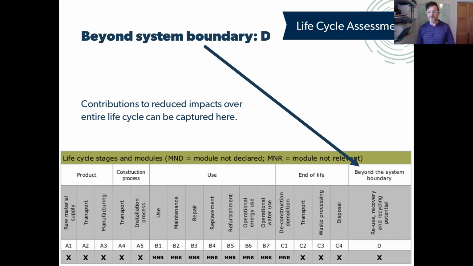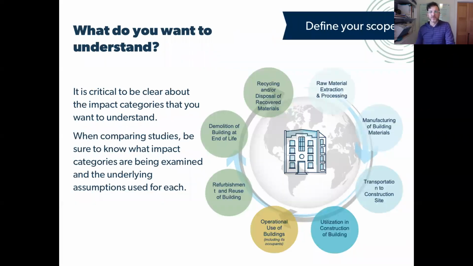And so some numbers will show up there to show that there is emission offsetting value in a particular material outside of the end of the life of the building.